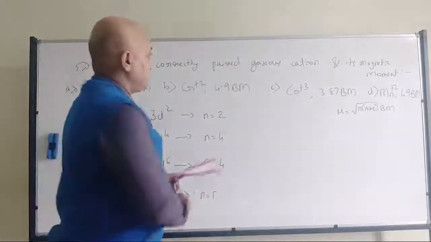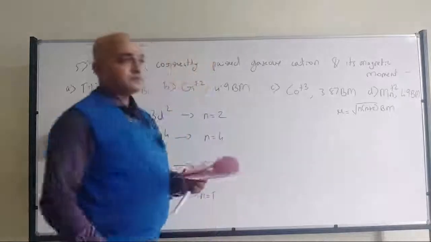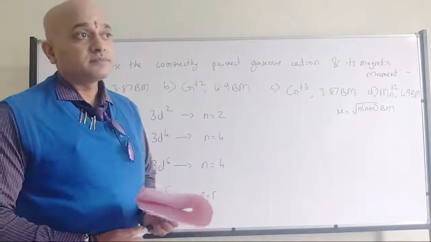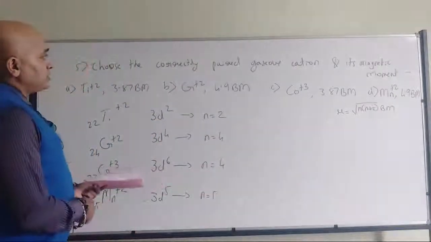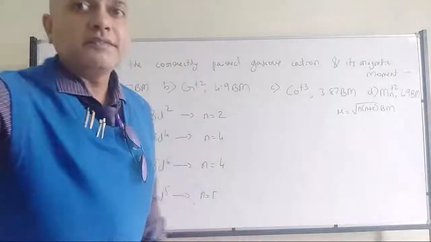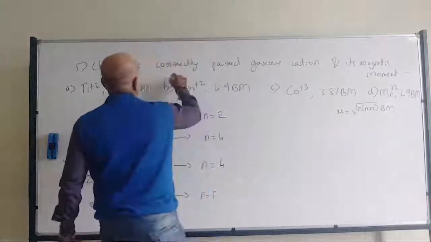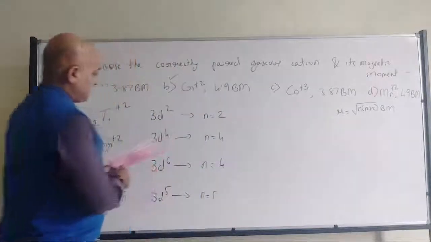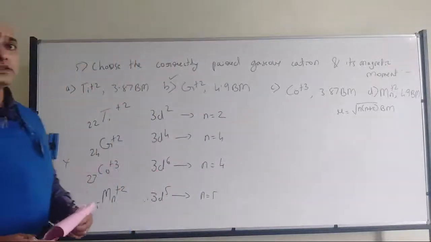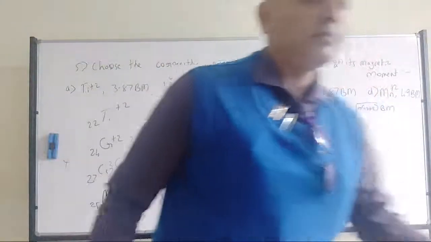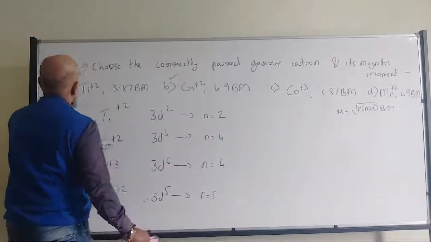Have to find out which should be the answer. Whether option B will be the answer? Yes, option B should be the answer. So that's where we have option B as the answer.